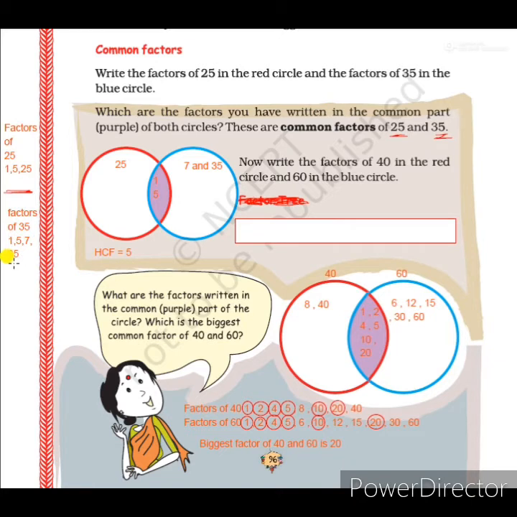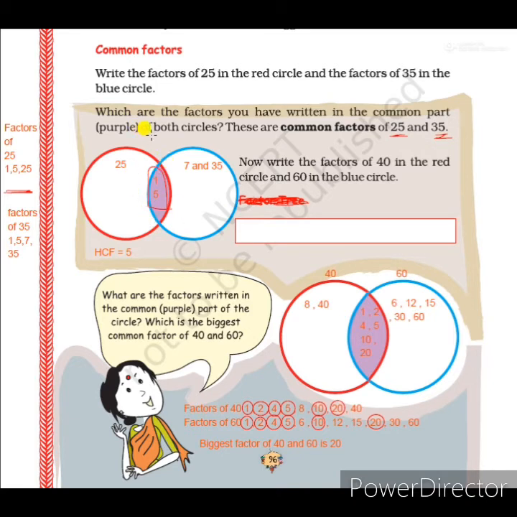Now here we are asked to write the factors of 25 in the blue circle. What are the factors of 25? 1, 5 and 25. And the factors of 35 are 1, 5, 7 and 35. But from these factors, we found that two numbers are common to both 25 and 35. Those common factors we have to write in the purple part, the common part of both circles.